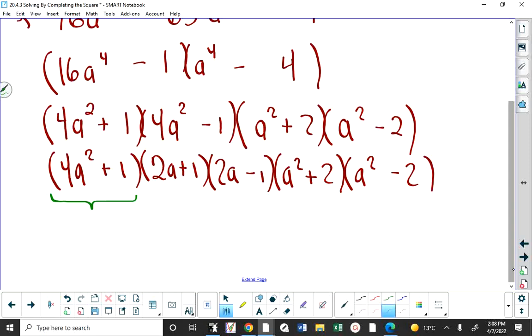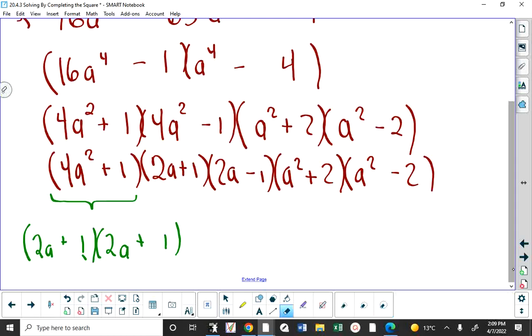So let's say you thought it's going to be 2a and 2a, right? It's got to be 1 and 1, right? You have 3 options here. We could put plus in both of these, but I hope you see if you FOIL this out, you're going to end up not only with 4a squared and 1, but you're going to also end up with 2a and 2a, you're going to end up with 4a.